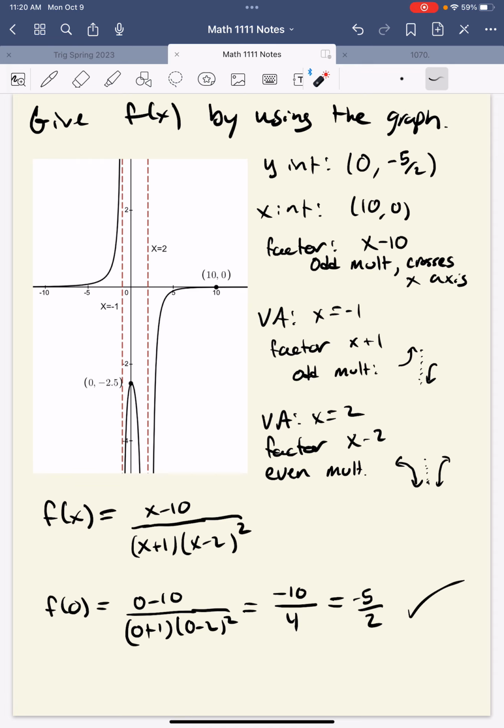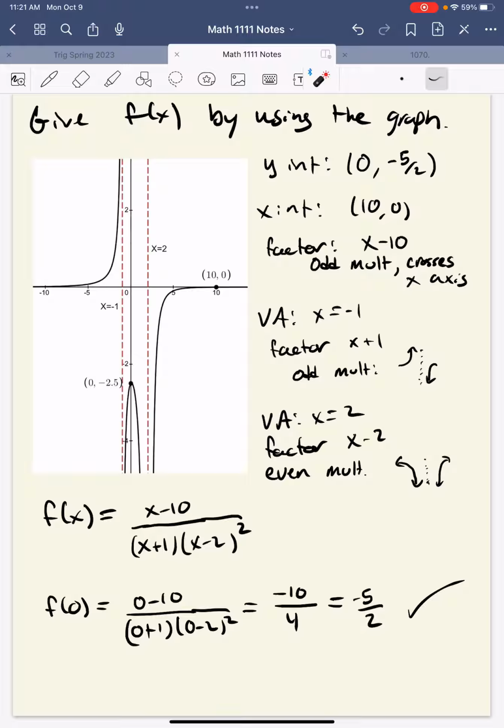On this one, we're going to give the function by using the graph. So we're going to take the information from the graph and then put it into the function. So this (10, 0) as an x-intercept means that x minus 10 is a factor in the numerator. The VA at x equals -1, where the graph goes in opposite directions, would be an x plus 1 with odd multiplicity, so an exponent of 1, as a factor in the denominator.